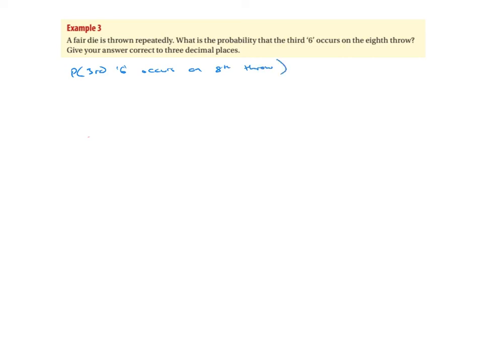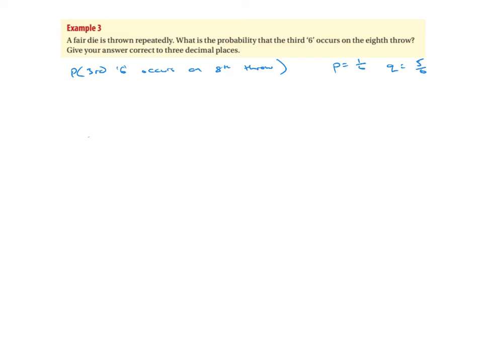Okay, let's go to the side again. We know again that p is equal to 1/6 because the probability of getting a 6 is 1 in 6. That means that q is equal to 5/6 as before. Now, if the third 6 occurs on the 8th throw, that means that the other 2 sixes must have occurred in the first 7.